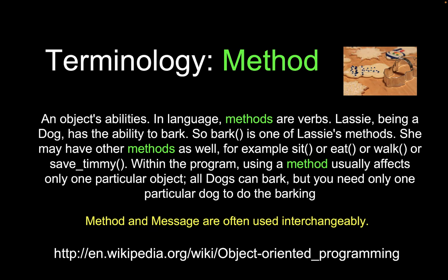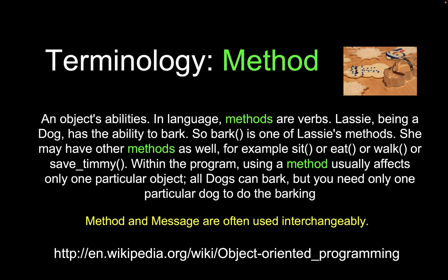Okay. Within the program, using a method usually affects only one particular object. So we're not calling the method save Timmy on the class in general. We're calling it on a particular instance. So we have a dog class, and it has, say, the methods sit, eat, walk, save Timmy.